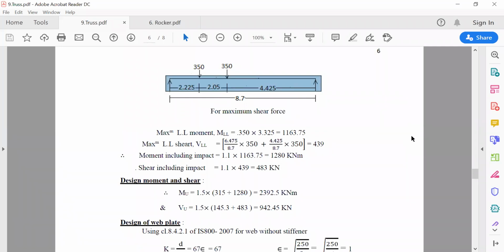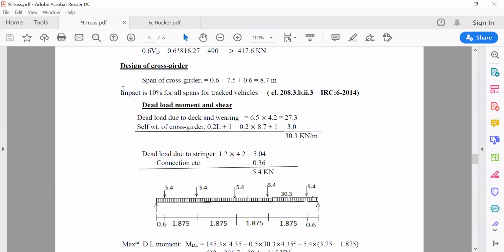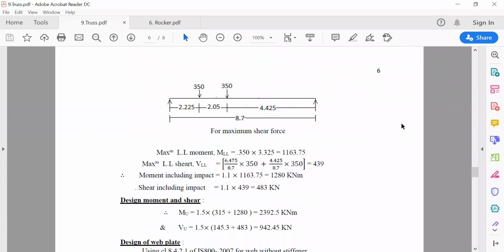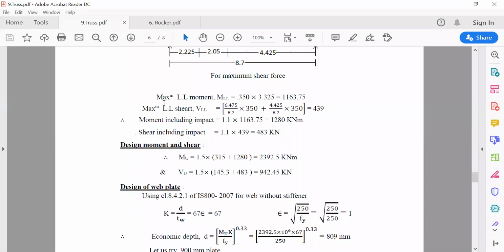Find out the shear force. Then impact of 10%, so we have increased the moment and shear by 10%.